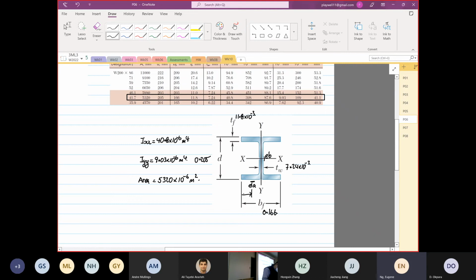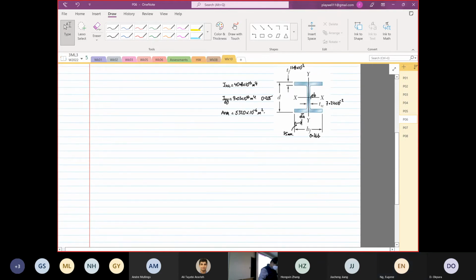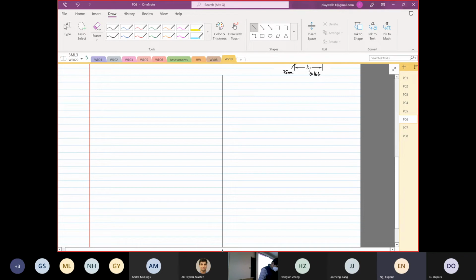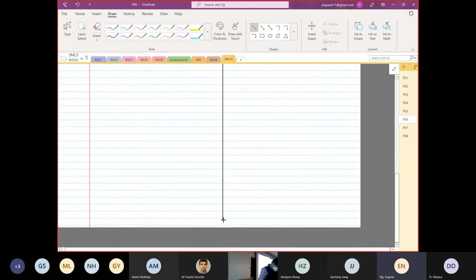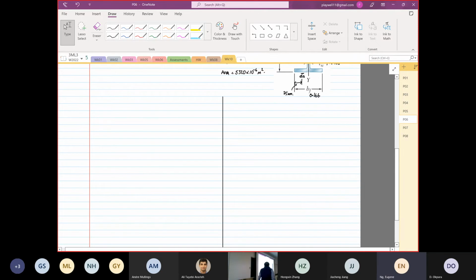And the distance from here to here is 35 millimeters. Okay, so that is the information that we know. From here, we are going to calculate. I'm going to break this down into 2 columns, one side for element A, the other side for element B. The easiest thing to do now is normal stress.